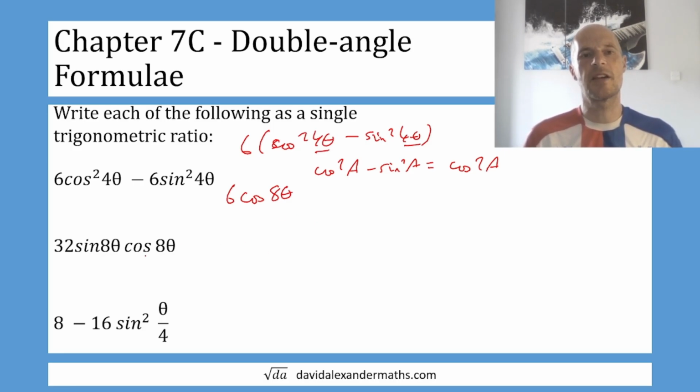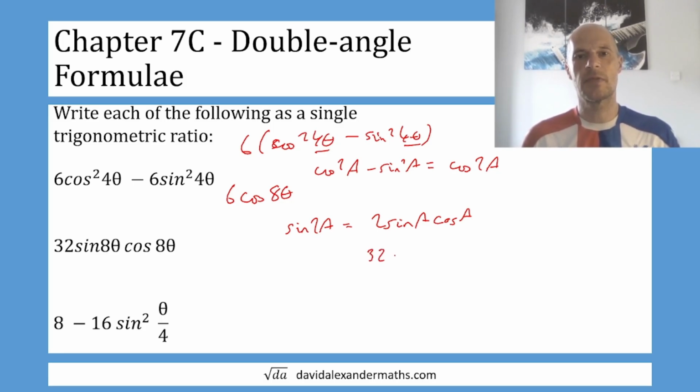Okay, here is another one. Because it's sine times cos, that's coming from the sine of 2A being the same as 2 sine A cos A. What we've got is 32 sine 8 theta cos 8 theta.